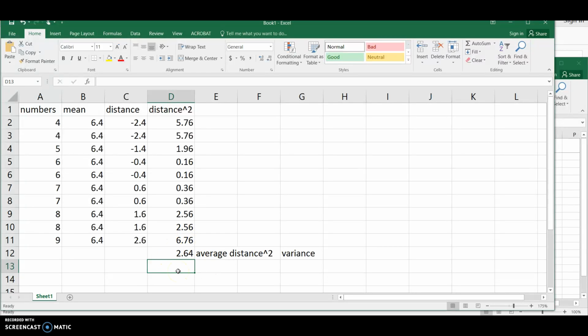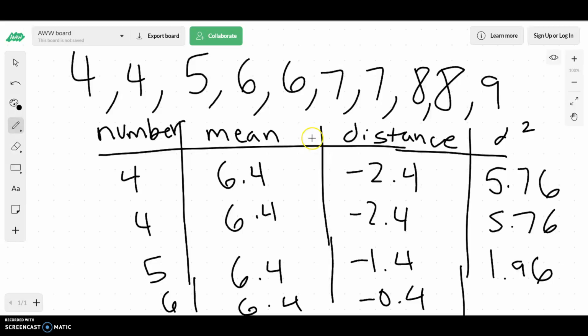So I would want to take this number right here and square root it, which is taking it to the 1/2 power. And this would be our standard deviation, which is 1.62. Or, in our terms, what we call sigma. Sigma is going to be 1.62.